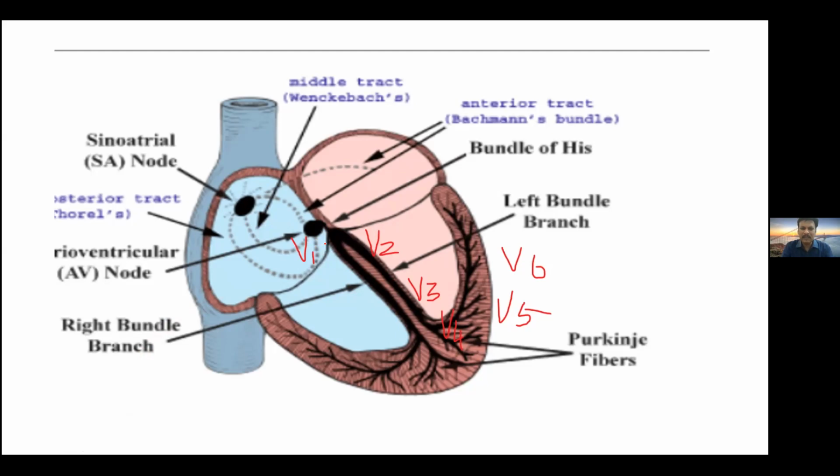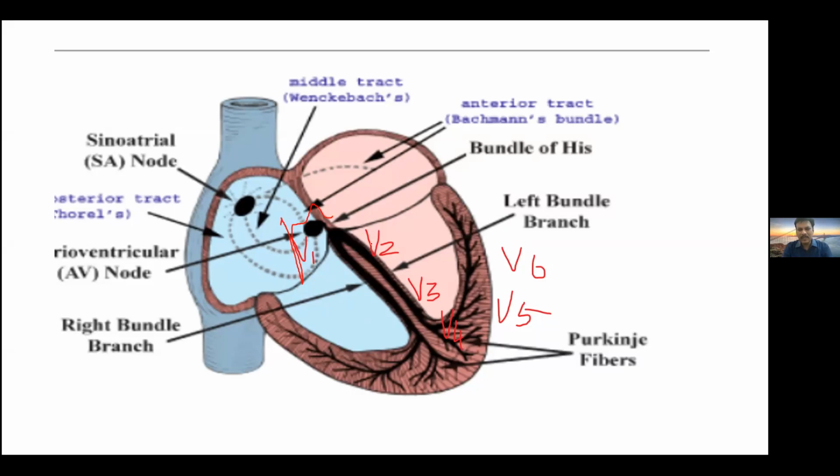First, left to right, it is a small electrical activity. See here, small. Then the electrical activity travels a longer time and reaches the apex. See here, I am drawing the QRS complex for you. Small r, big S. Right?